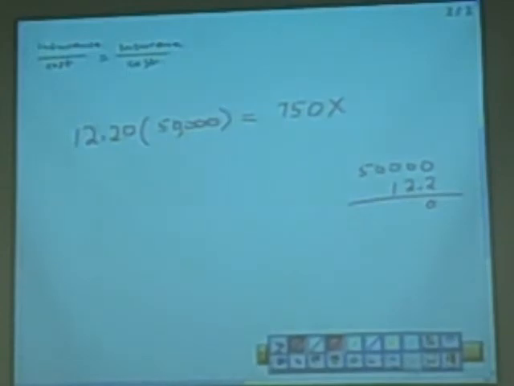So 2 times 0 is 0, 2 times 0 is 0, 0, 0, 2 times 5 is 10, right? And same thing with the other one, 0, 0, 0, 0, and then 10 again. And then for the 1, we got 1 times 0 is 0, 1 times 0 is 0, 0, 0, and then 5. So we got 0, 0, 0, 0, 0, 1, 6.